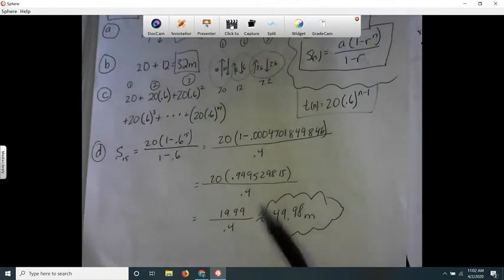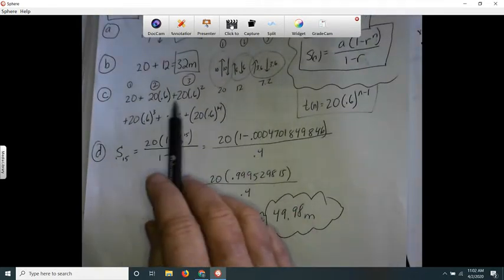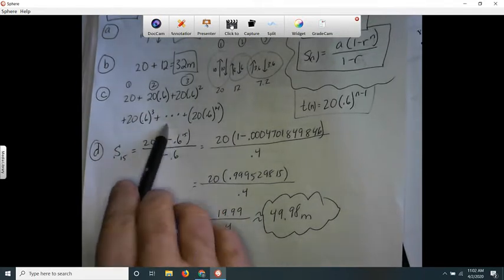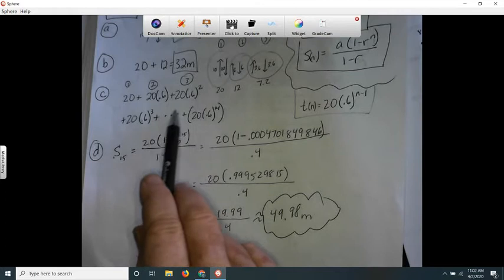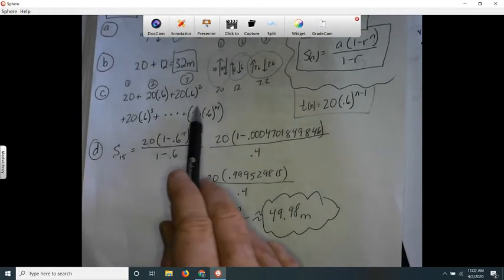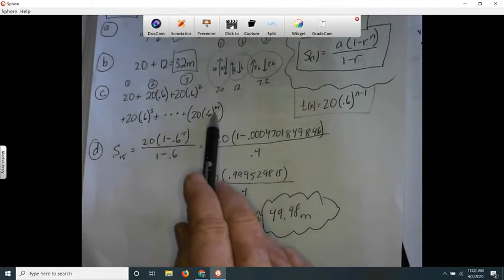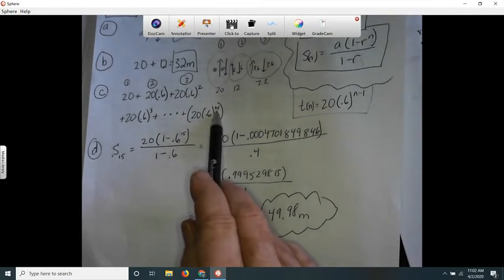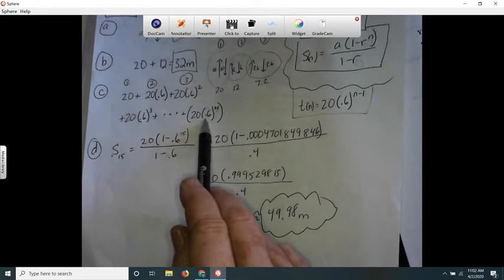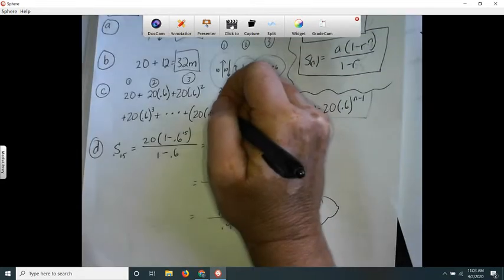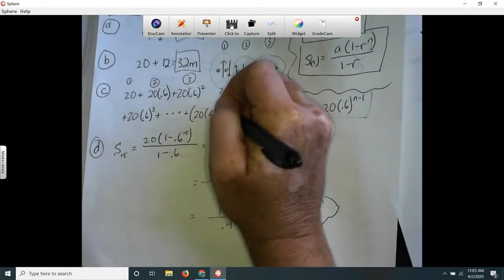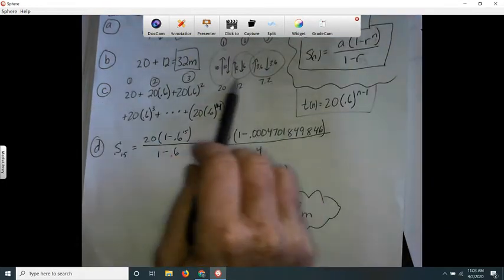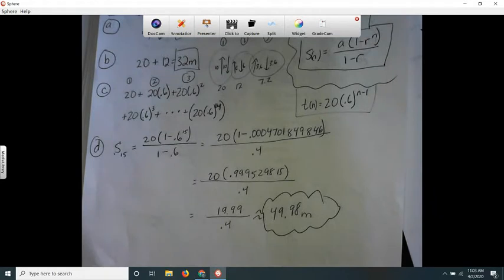I ran out of room, by the way. 20 times 0.6 to the fourth, and so on, dot, dot, dot, until you get to n minus 1. Well, remember, we're trying to do 15 terms, so 15 minus 1 is 14. So 20 times 0.6 to the 14th. That is what you would write if they told you to write the whole series. You just have to write a dot, dot, dot.